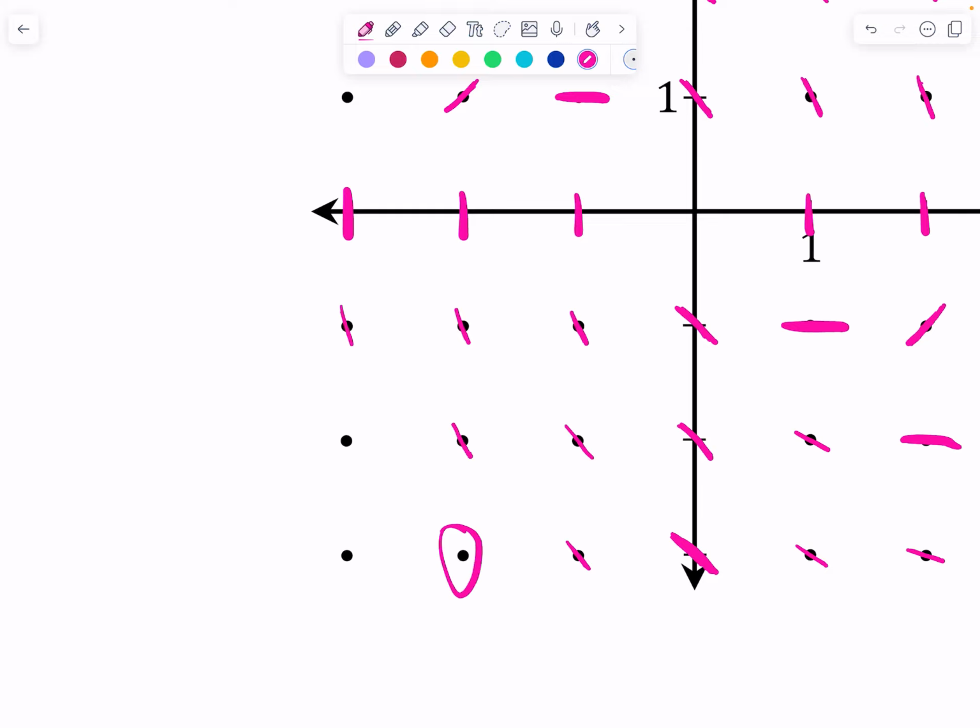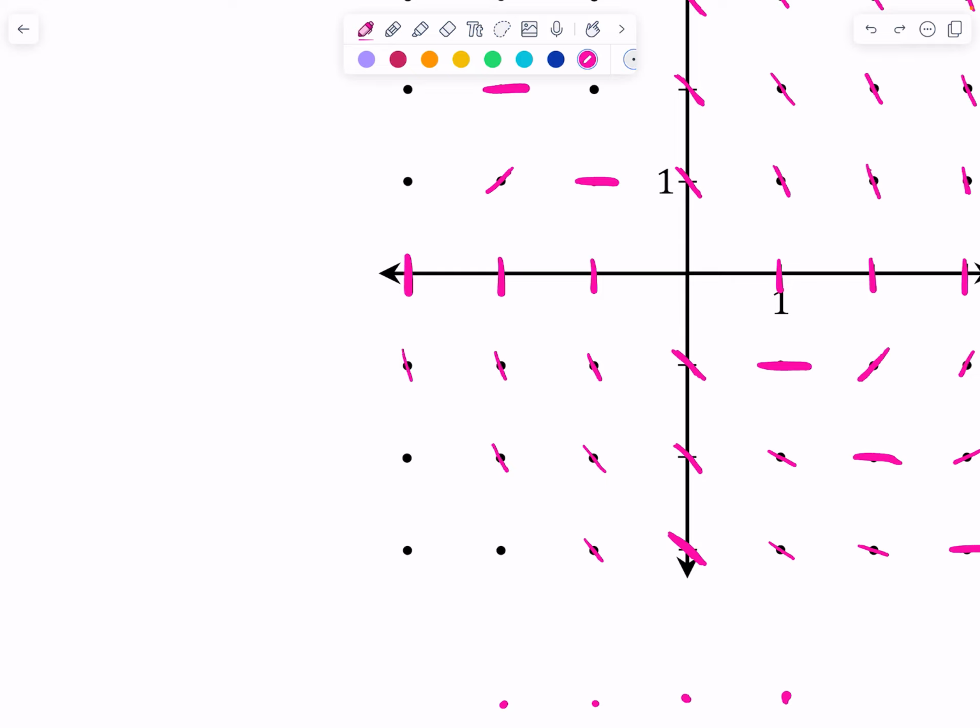Negative 5 over 3. So about there. So connecting that line. Whew.